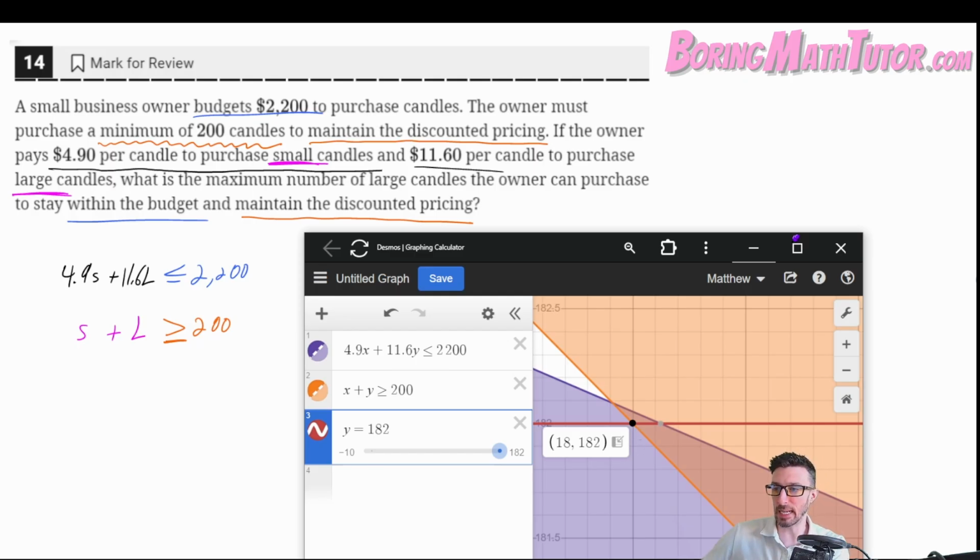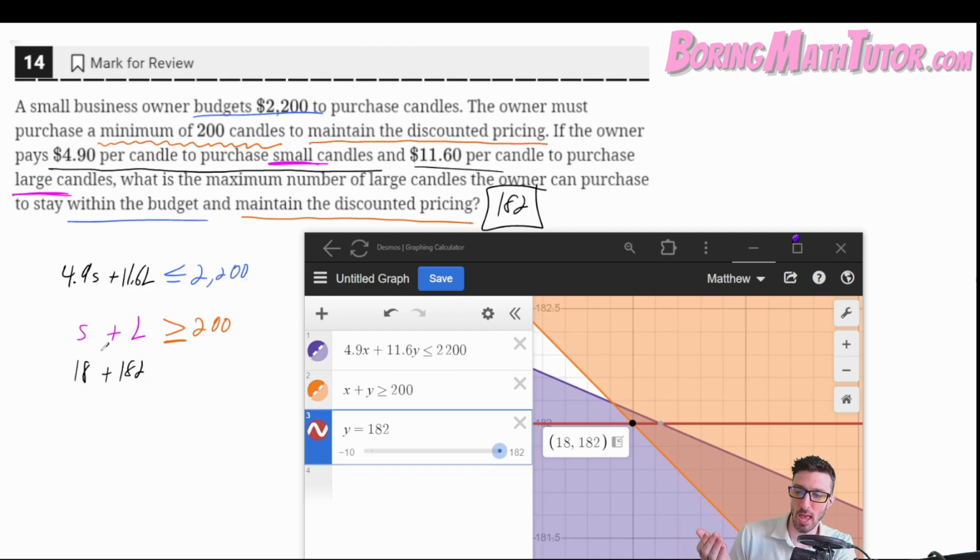So 182 would be the maximum that Y could be, and that's the answer to your problem. So you would want to use 18 small candles and then 182 large candles, and that adds up to 200. But as far as the answer goes, it's just 182.